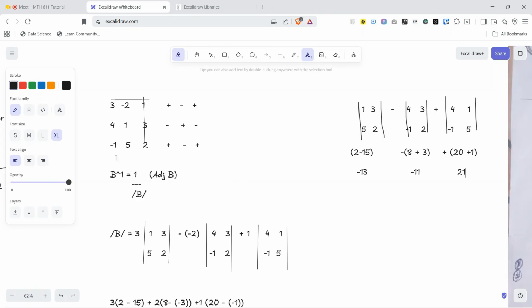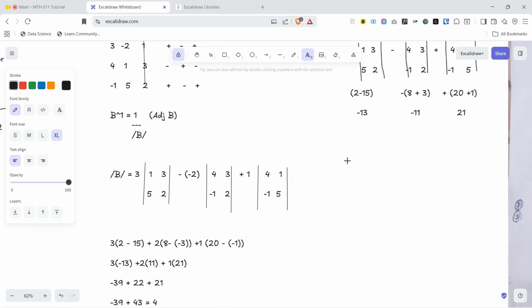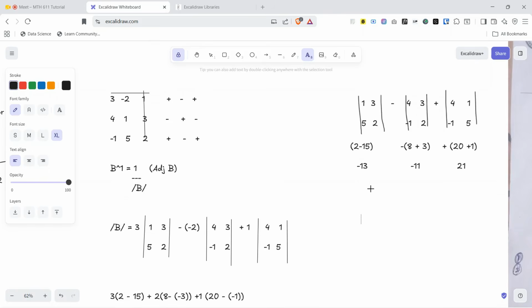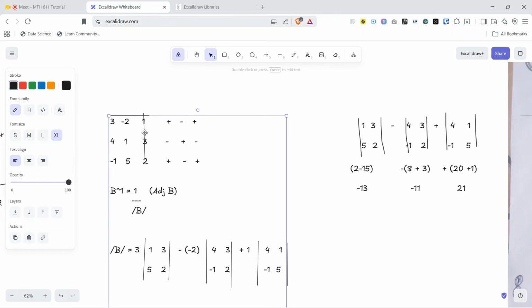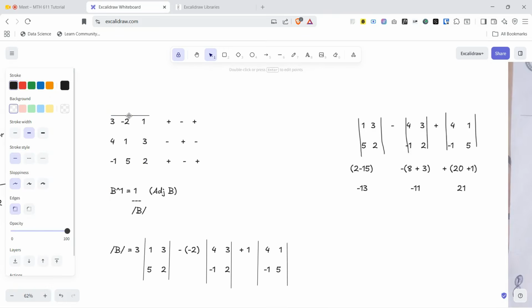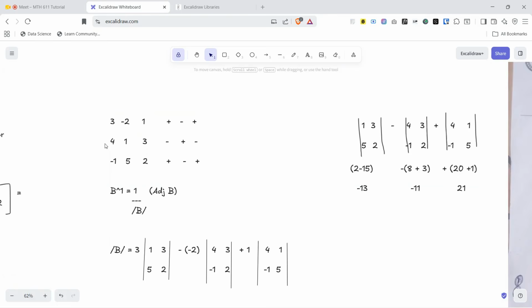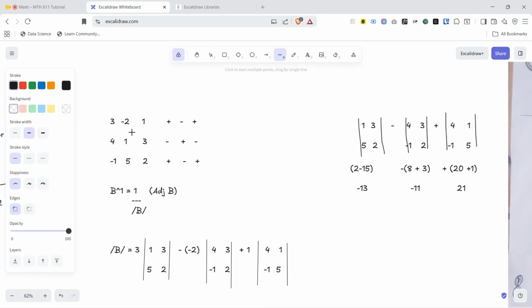So we'll do the same thing for the second line. The second line would be crossing this and this for the first one.